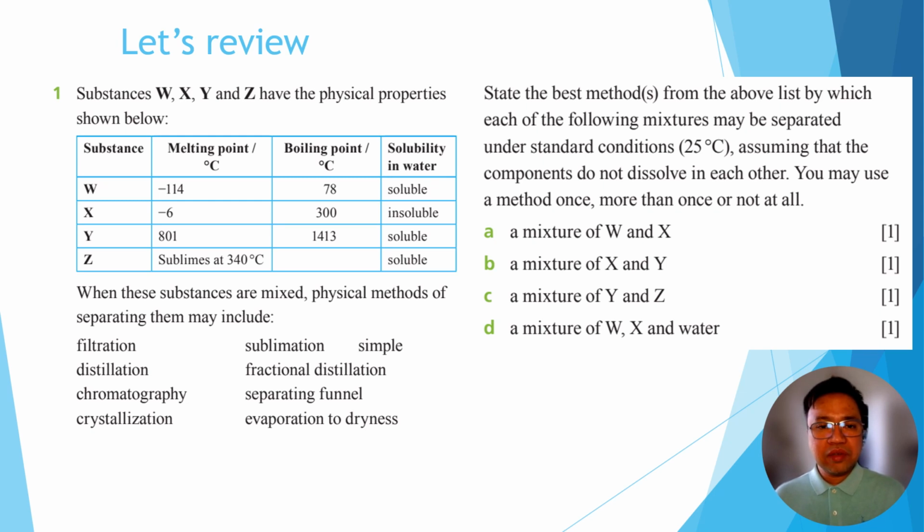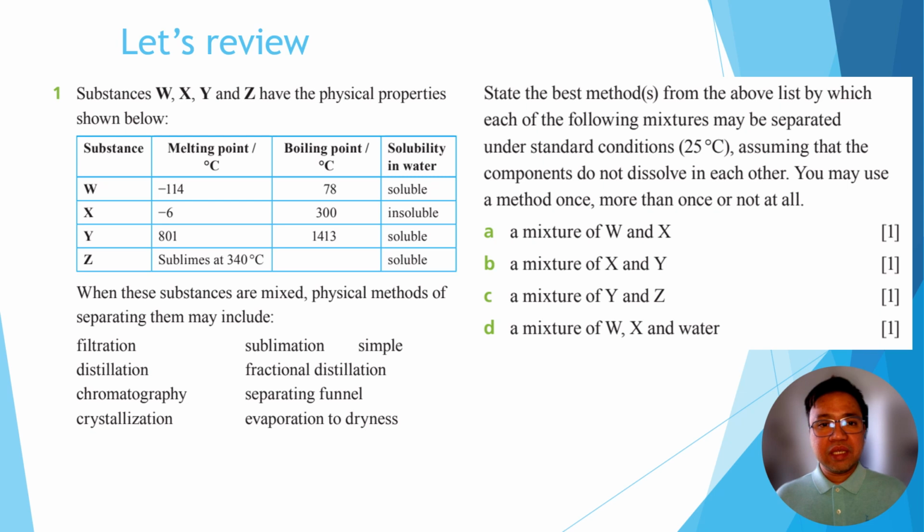Number one, filtration. This method would be most effective for initially separating substance X from W, Y, and Z, as it's insoluble in water. If the mixture were dissolved in water, X would remain as a solid residue, while the others would be in the solution.